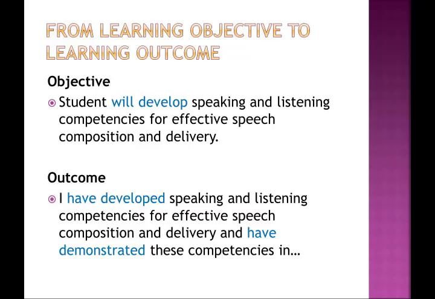So that's how you will be writing your learning descriptions. You're coming into this subject already having done it through your experiential learning. So you're not writing objectives, you're writing outcomes. So your outcome, as you can see on the screen, would be something like, I have developed speaking and listening competencies for effective speech composition and delivery, and have demonstrated these competencies.